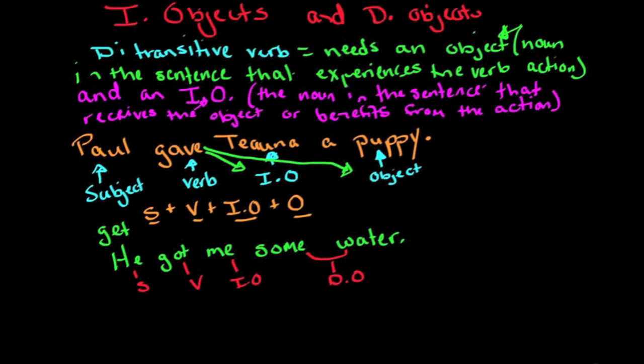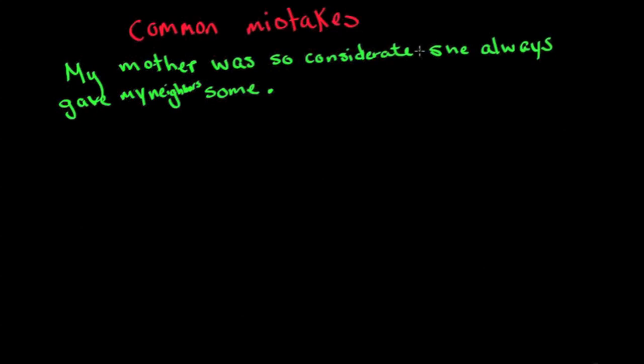So let's take a look now at some common mistakes that people make when confusing how to use the direct and indirect object. Let's take a look at some examples. My mother was so considerate, she always gave them some. Here, what's missing is our direct object.